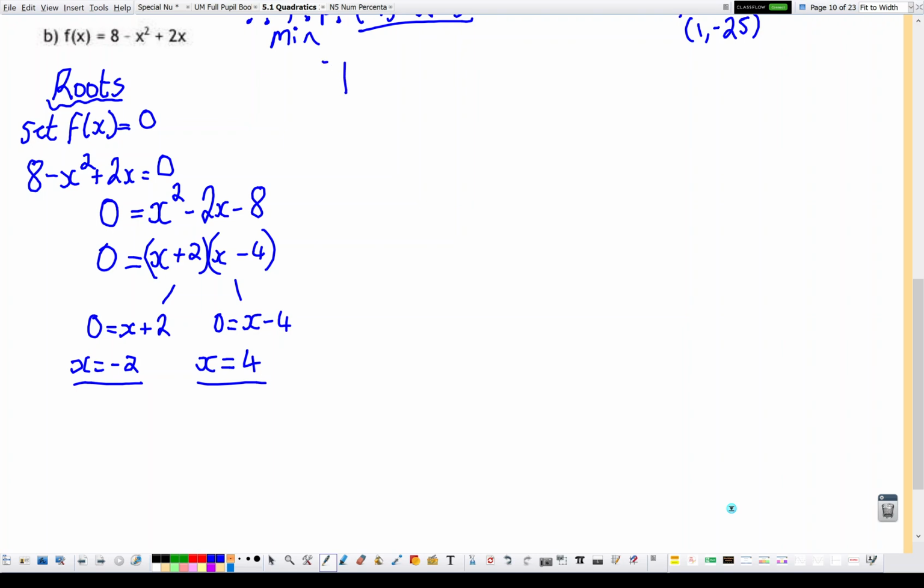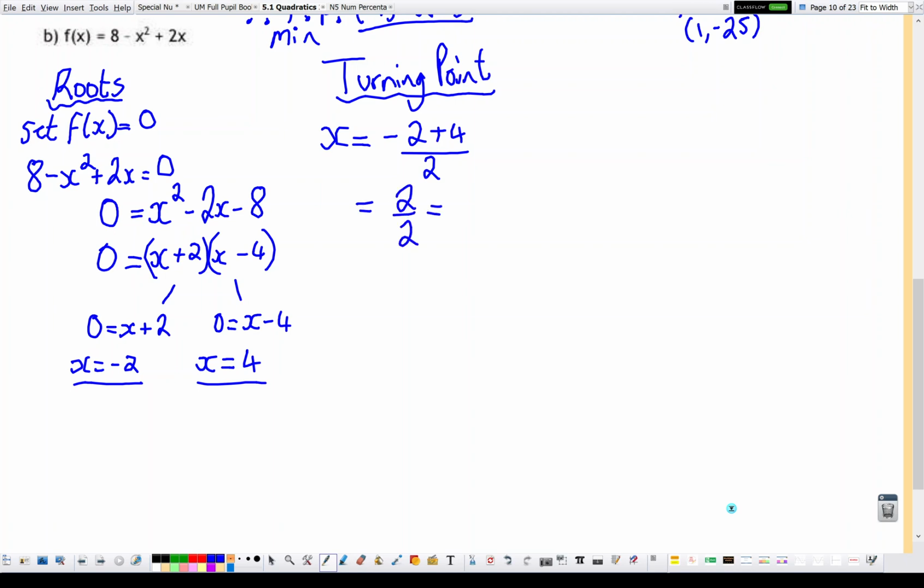Okay, so that's my two roots found. Let's move on to my turning point. So, find the midpoint of the two roots. This time, it's not going to give us a fraction, you'll be pleased to know. So, x equals minus 2 add 4, divided by 2. Minus 2 add 4 is 2, divided by 2, which is 1.